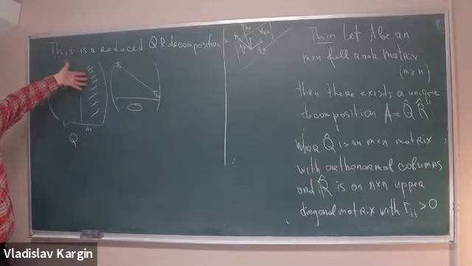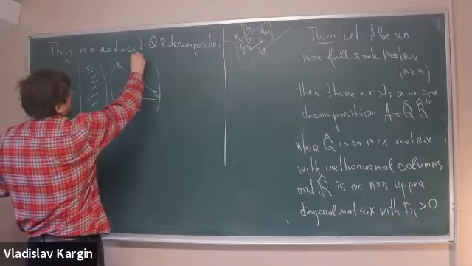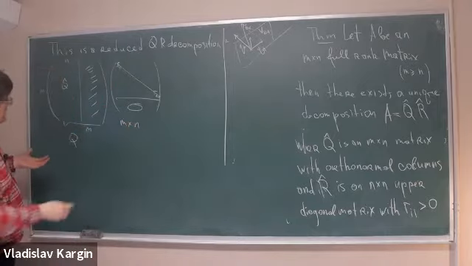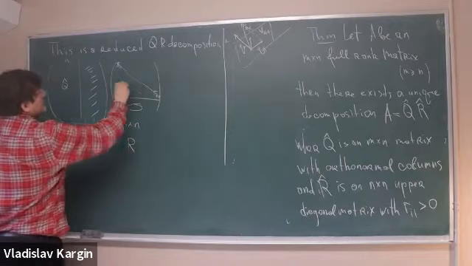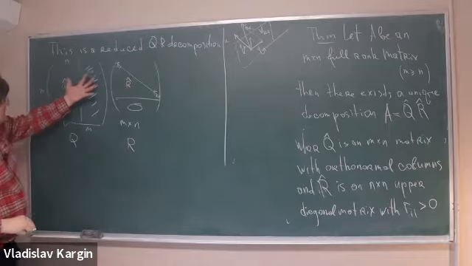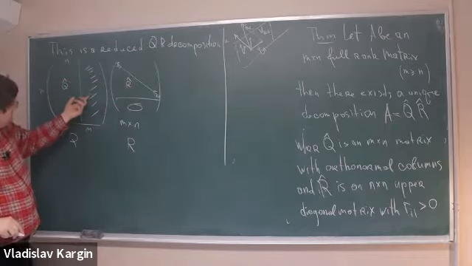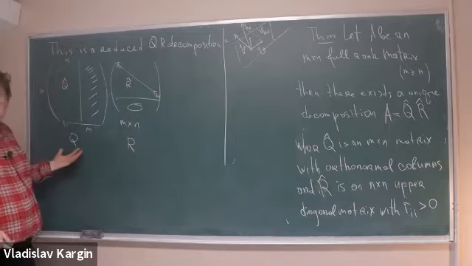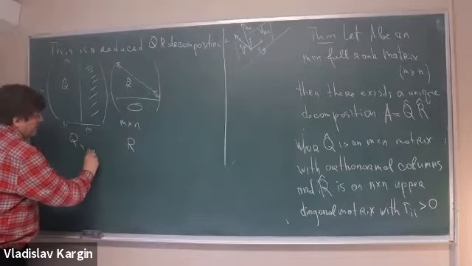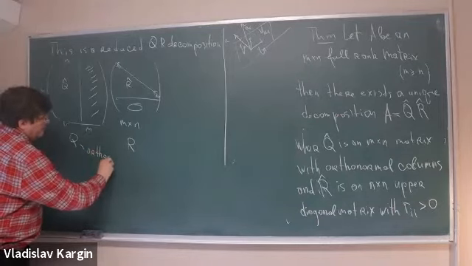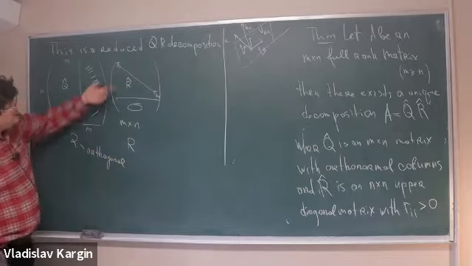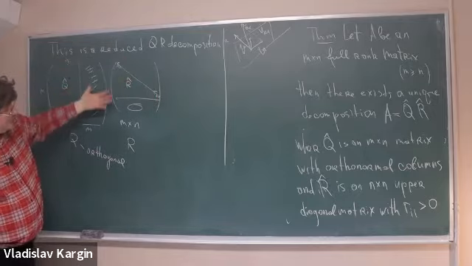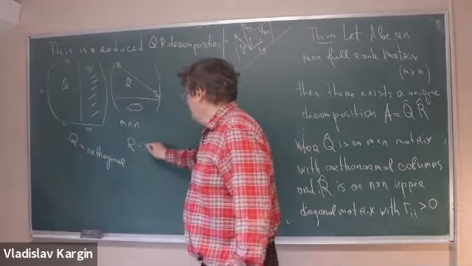The dimension would be m times n, and this is R tilde. So you add new column vectors to ensure that the resulting matrix Q is orthogonal, and R is still upper triangular with positive diagonal elements.